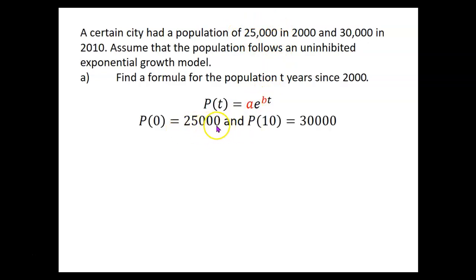So we can put that in for the number in front. P of t equals 25,000 times e to the bt.